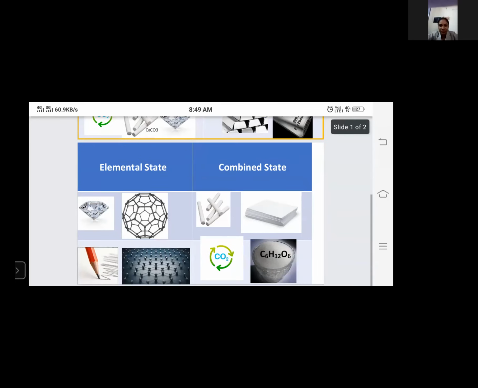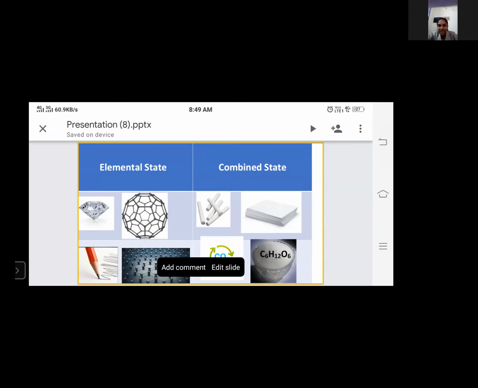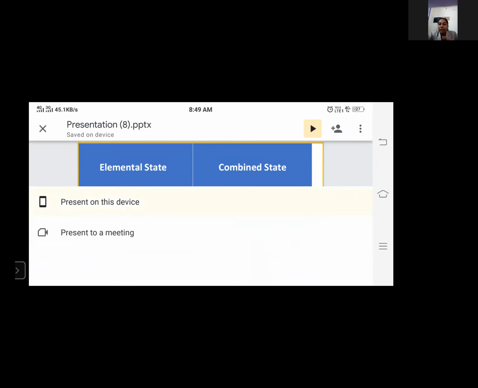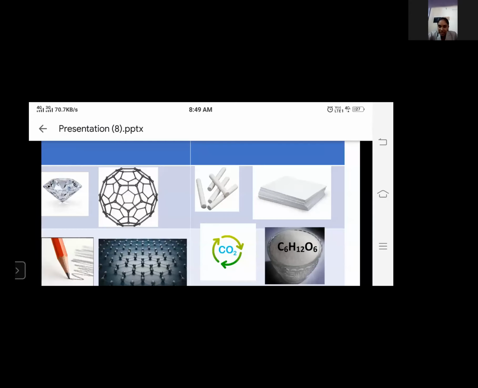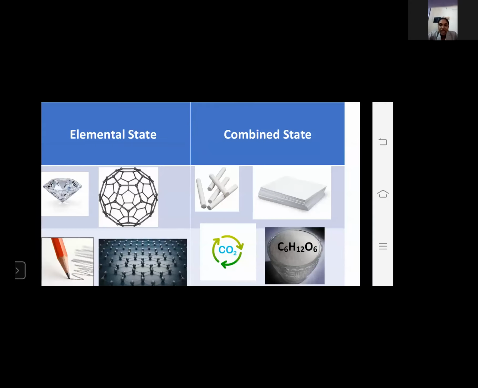Yes, you are right. In this next table, the previous pictures are classified into elemental state and combined state. That is, diamond, fullerene, graphite, and graphene are in elemental state, and chalk, paper, carbon dioxide, and sugar are in combined state.